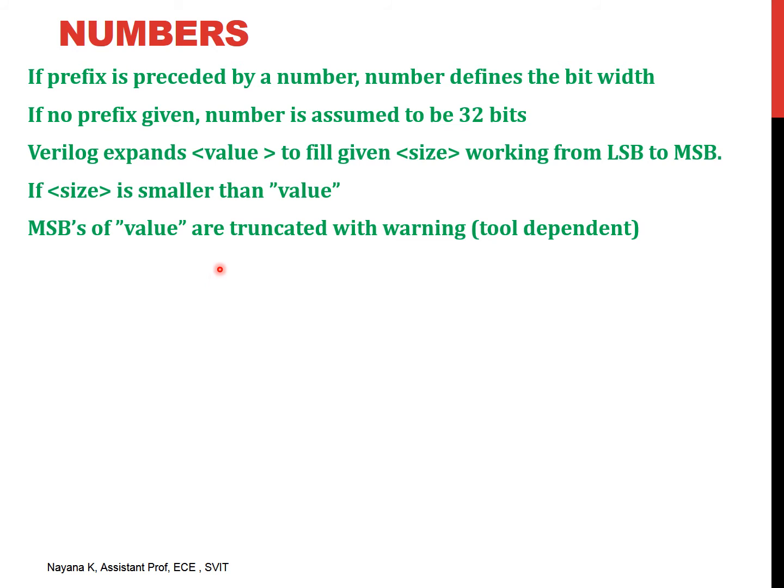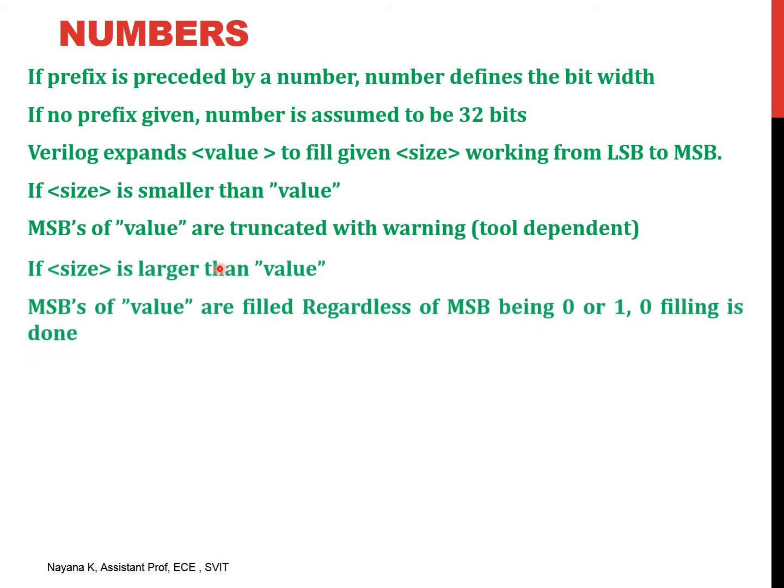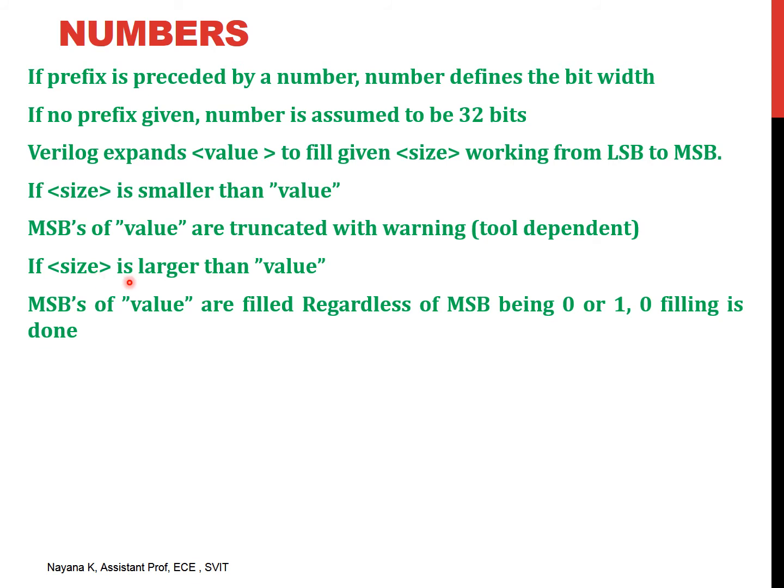The first case we discussed is if the size is larger than the value, then the MSBs of the value are filled with zeros, regardless of the MSB being 0 or 1. We fill zeros in all those places. But if the size is smaller, let's say 2-bit decimal 8, to represent 8 we actually need 4 bits, 1 0 0 0.